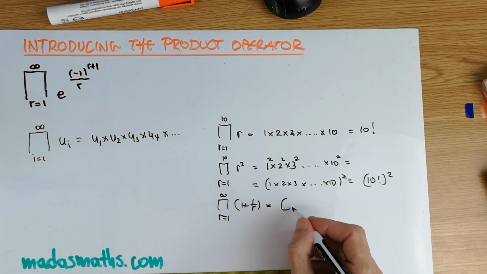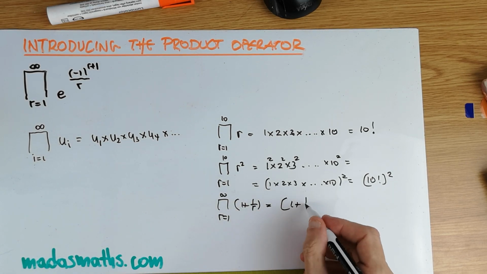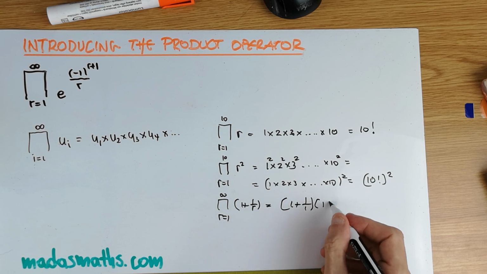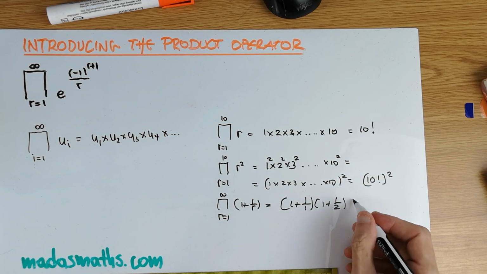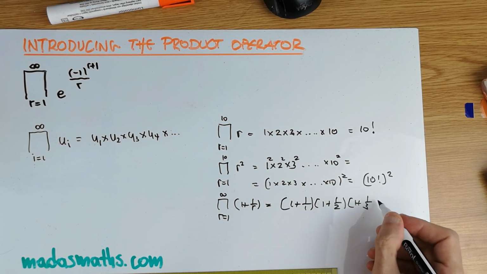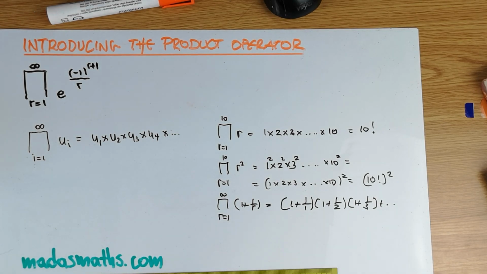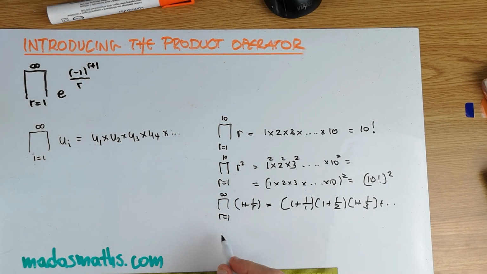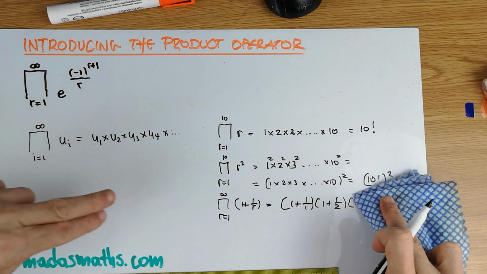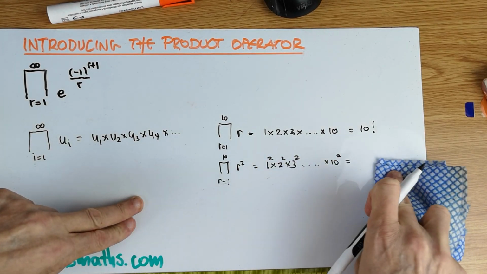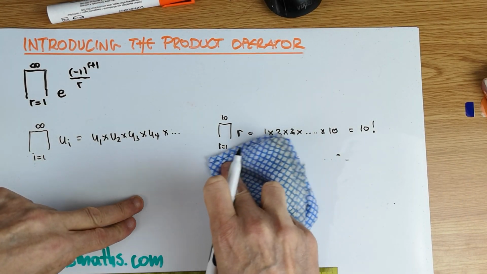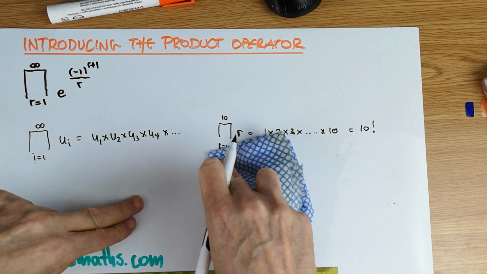What does it stand for? 1 plus 1 over 1, 1 plus a half, 1 plus a third, plus ... And let's do one more. Let's say we have one that involves factorials. So it gives us some freedom, that the product operator.